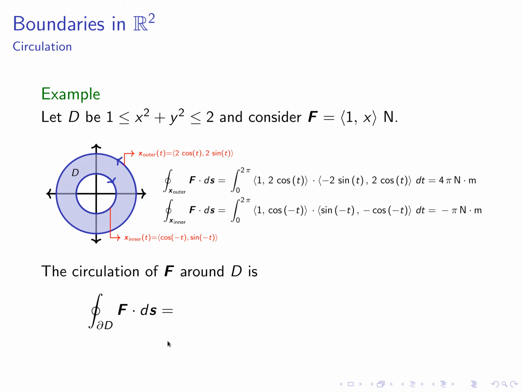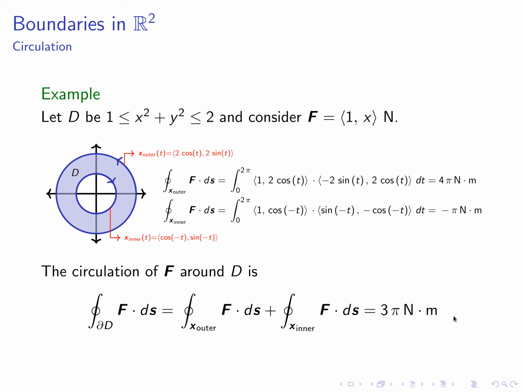And since we have 2 different parts of the boundary that we've parameterized with the correct orientation, we need to add these 2 vector line integrals. We want to take the work done on the outer boundary and add it to the work done on the inner boundary. So in this case, we want to take 4 pi Newton meters and subtract pi Newton meters, which ends up being 3 pi Newton meters.